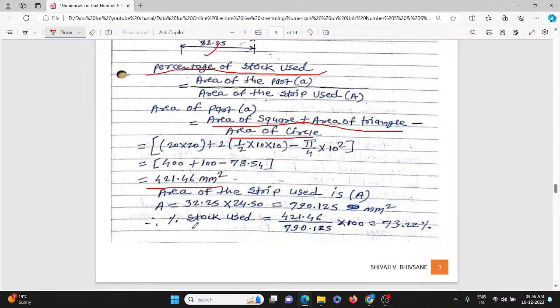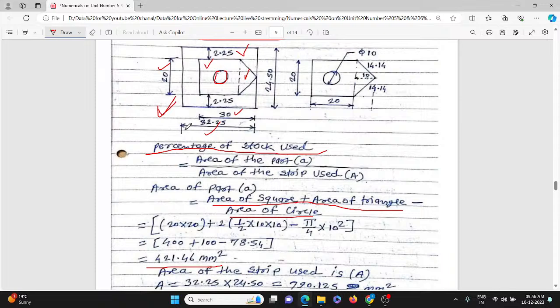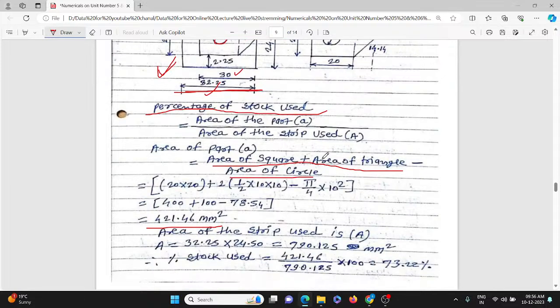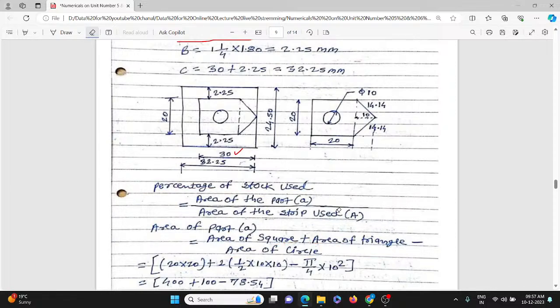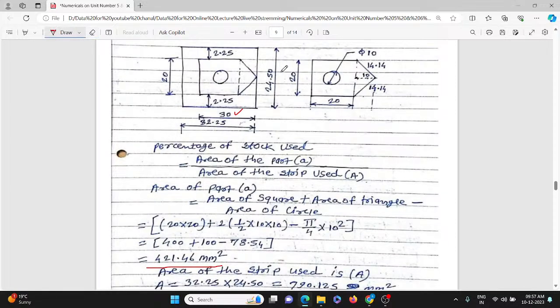The area of the strip used is this total distance, that is the C distance, 32.25, into the width 24.50. So 32.25 into 24.50 is the area of the strip, which equals 790.125 mm square.